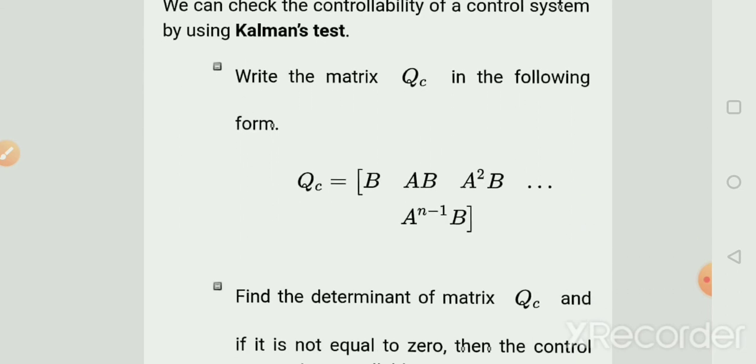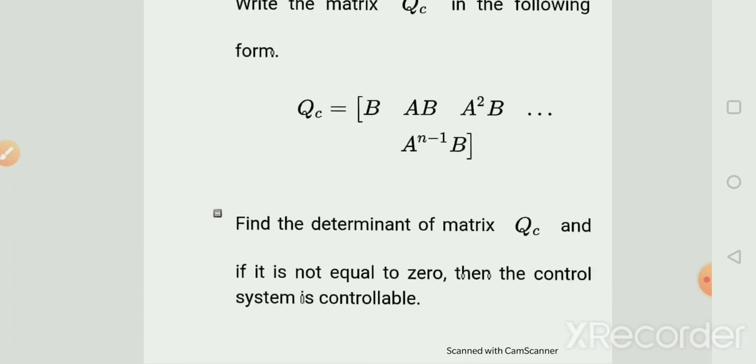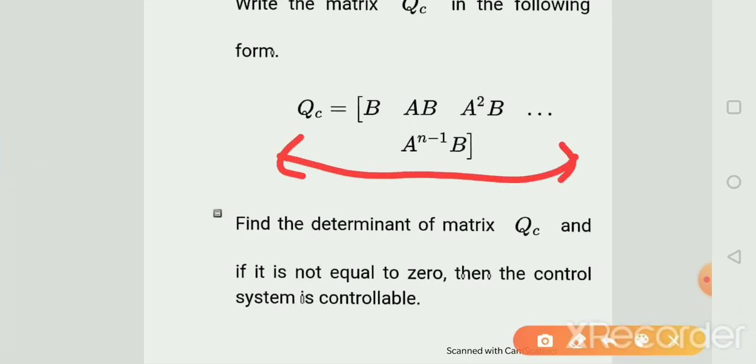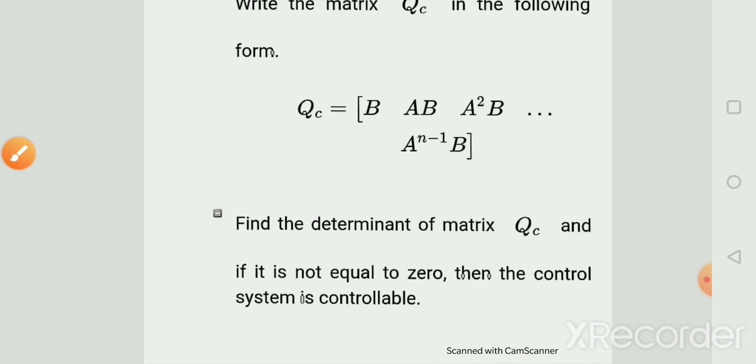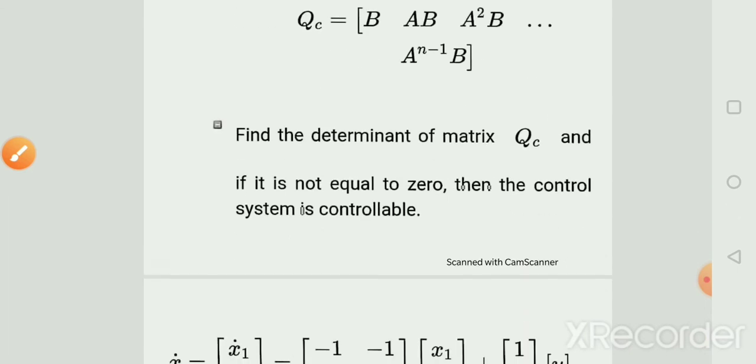So the Kalman test is: write the matrix Qc in the following form: Qc equal to [B, AB, A square B, ... A to the power n minus 1 into B]. Here n is the order of the system. Okay, so find Qc. If it is not equal to 0, then we can say that the system is controllable.